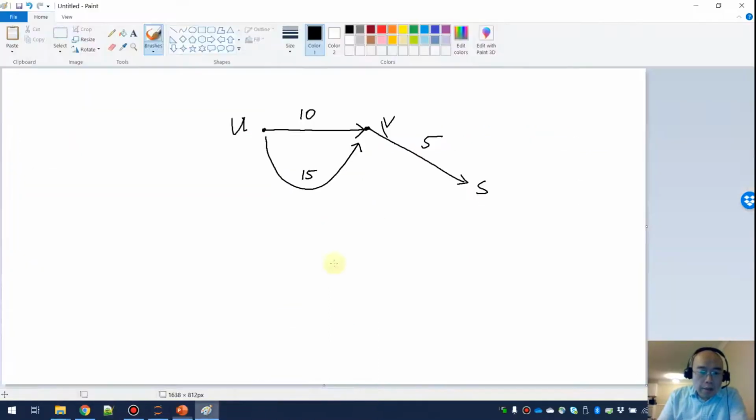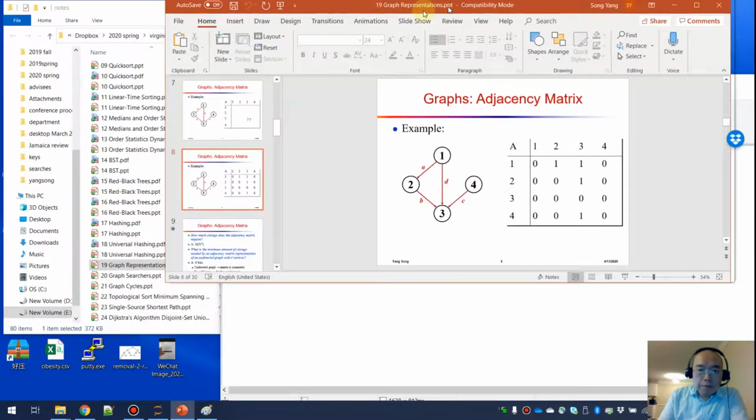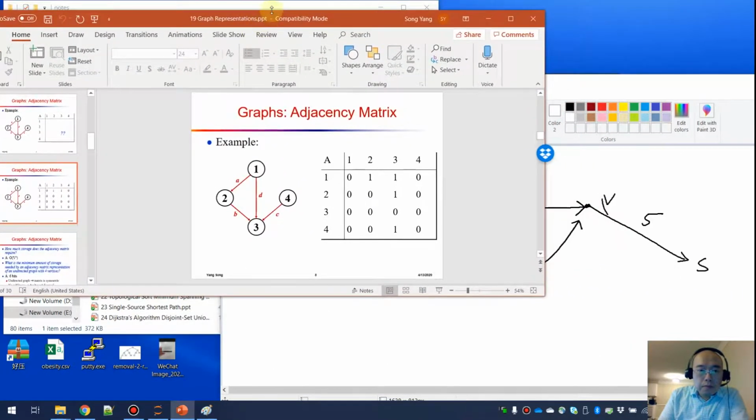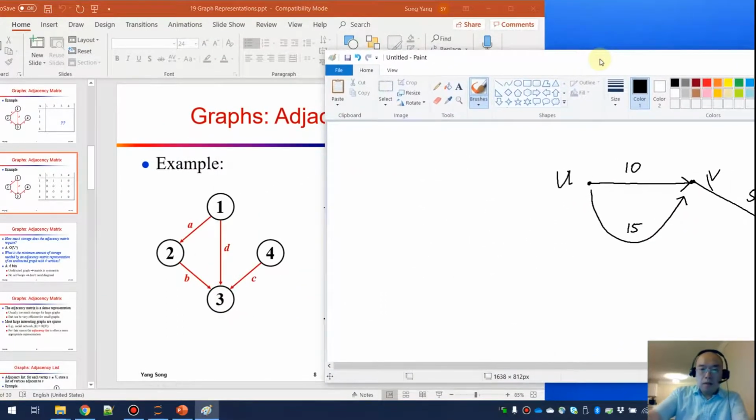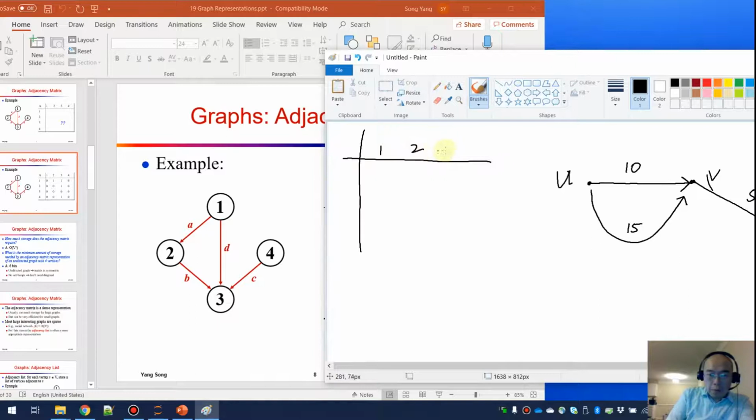So let me just draw this. Okay, so it is 1, 2, 3, and 4, and 1, 2, 3, and 4. For 1 to 1, that is 0, 2 to 2, 0, 3 to 3, 0, and 4 to 4, 0, because there's no self loops.